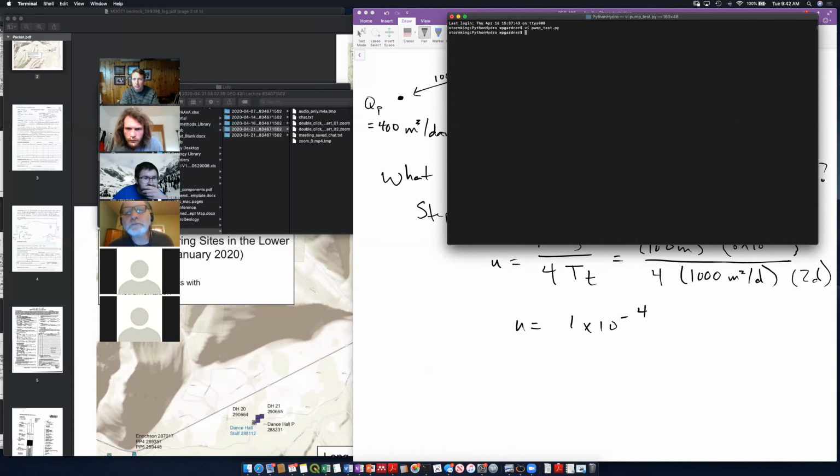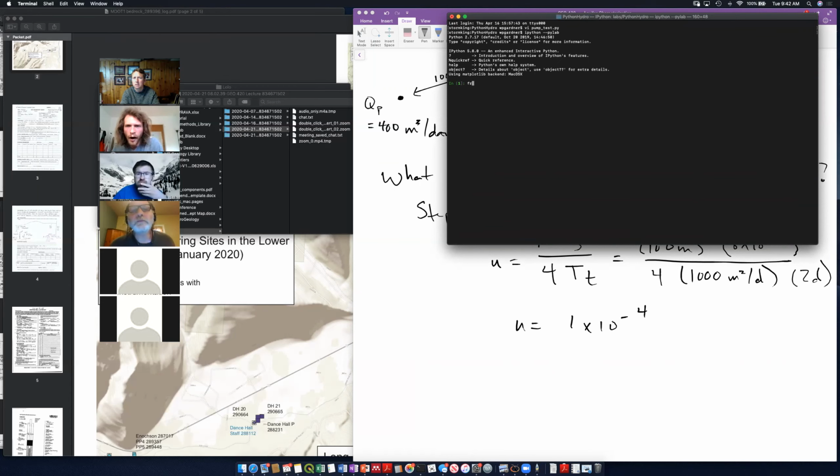So we should be able to do W sub u using this. All right, so well function of 1e minus 4. It is 8.633.